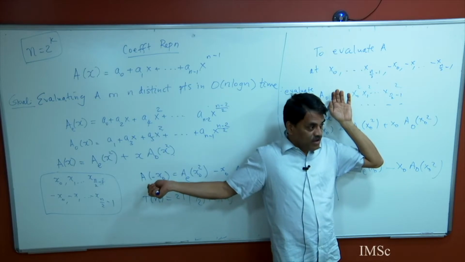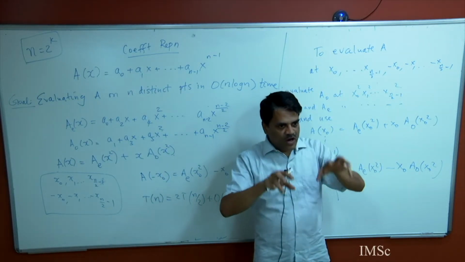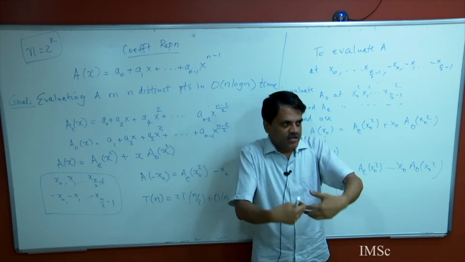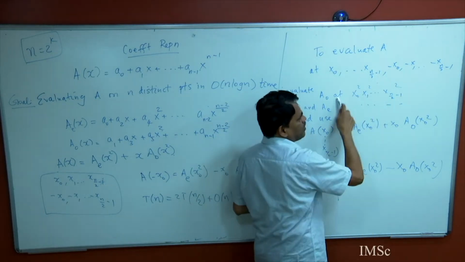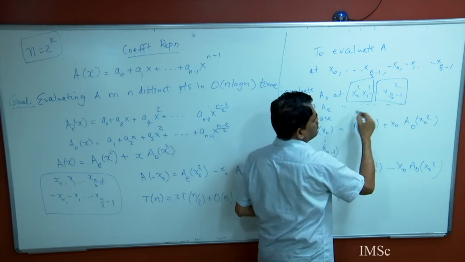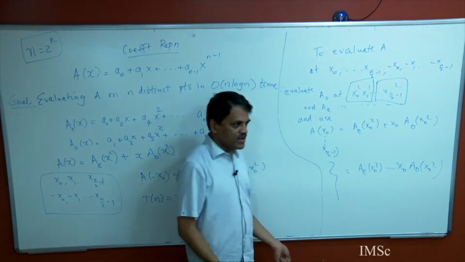All I am saying is, if you give me n points where only half of them are same, the other half is the minus of these guys, then this recursion works. But I need to ensure that these points also have the property that one half is plus and the other half is exactly minus of those guys, then only I can apply the recursion.